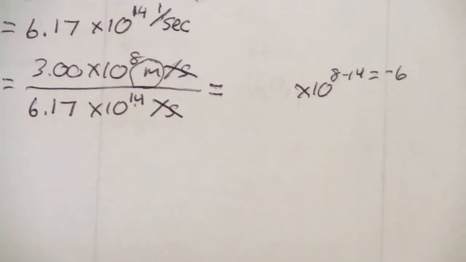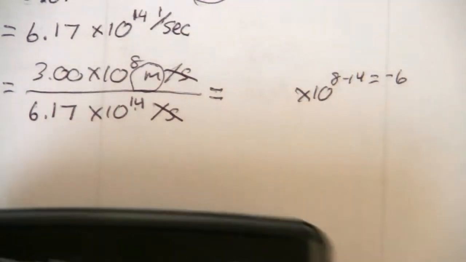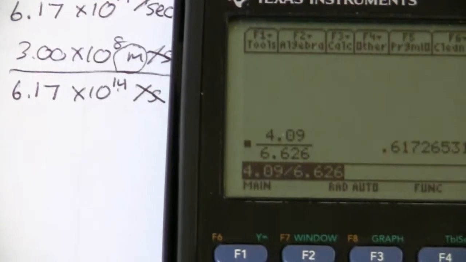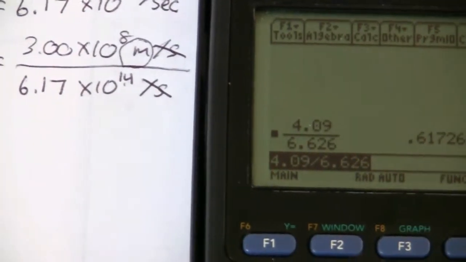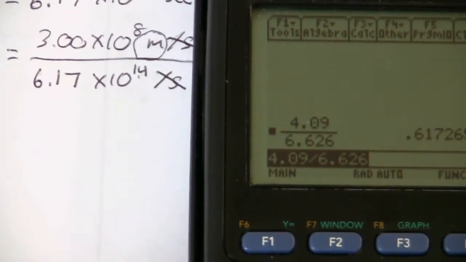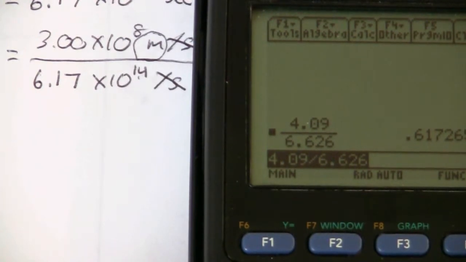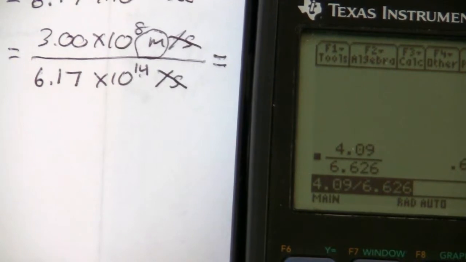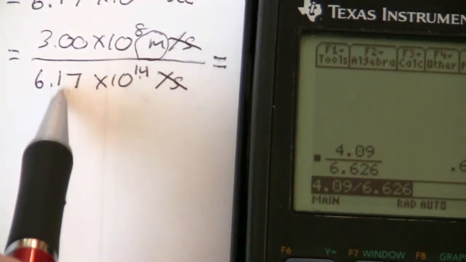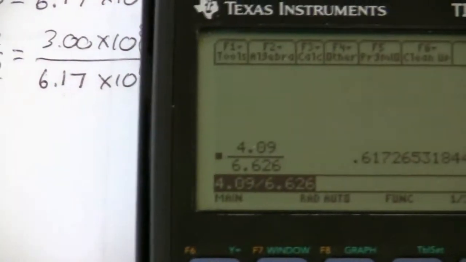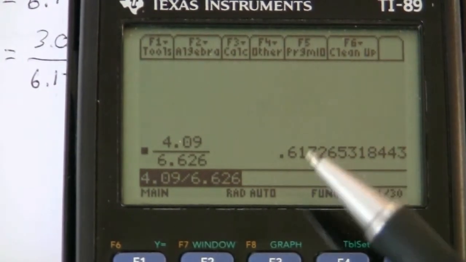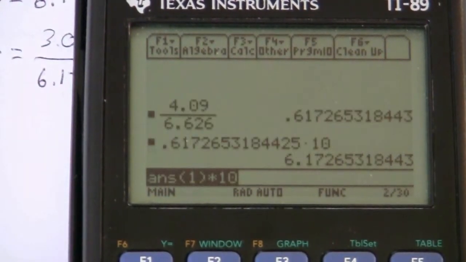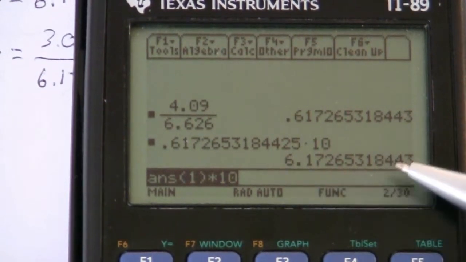and on the calculator, on most calculators you can do this where you refer to the number that we just put in the calculator. We just calculated that 0.617. Here, let me put that in the form that we have it. Okay, 6.17.